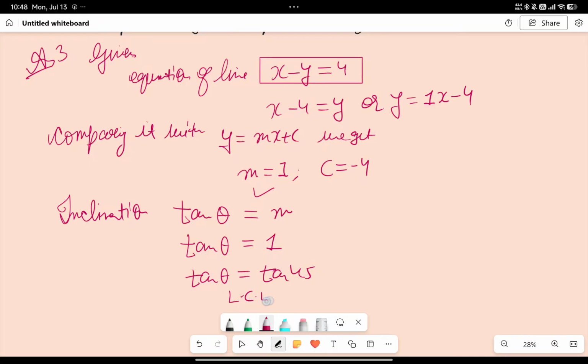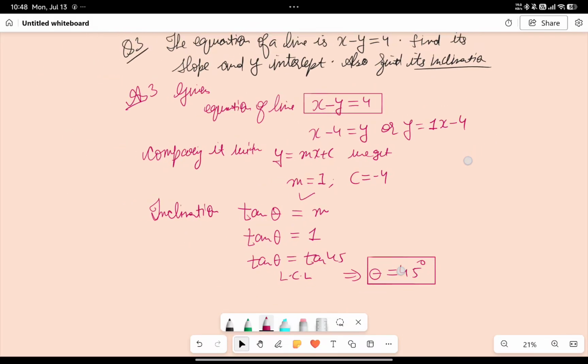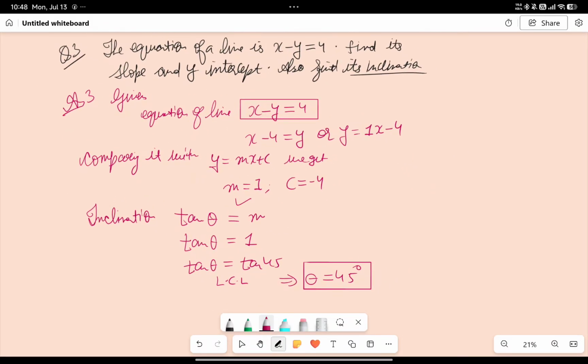Write down LCL, left cancellation law, and theta is 45. So I have successfully found it. This is the inclination, this is the slope, and this is the y-intercept. This is all that you have to do up to question number 3.